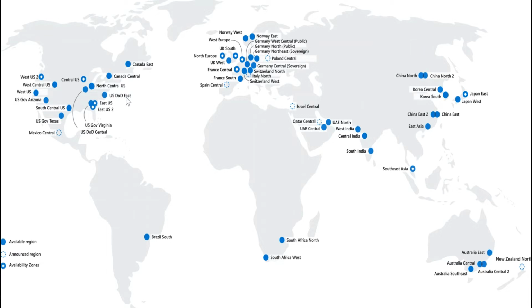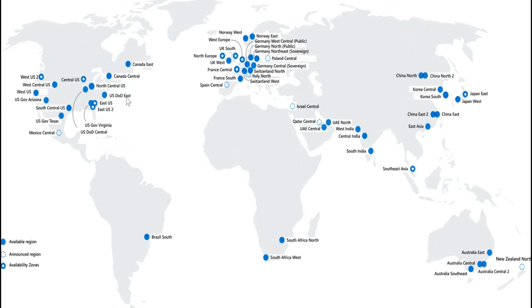All available regions as of June 2022, such as West US, Canada Central, West Europe, Australia East, and Japan West, are shown in the diagram.